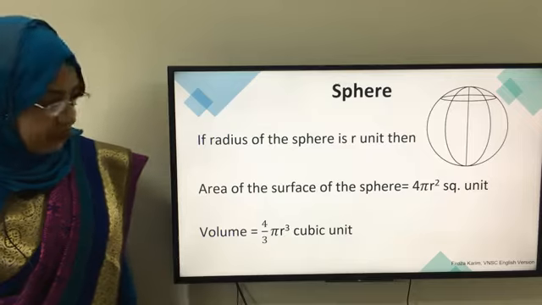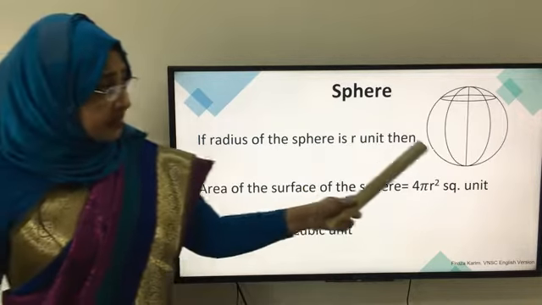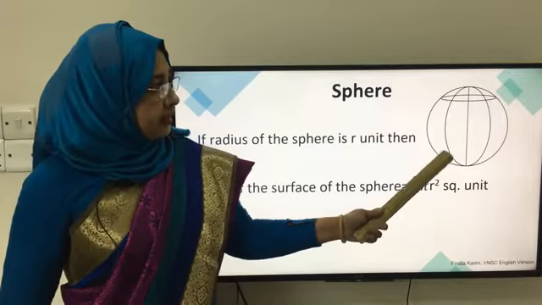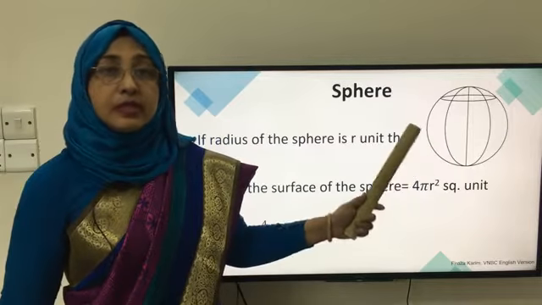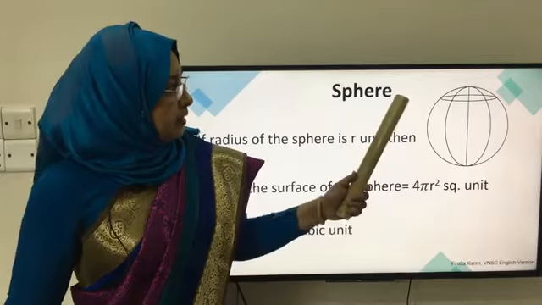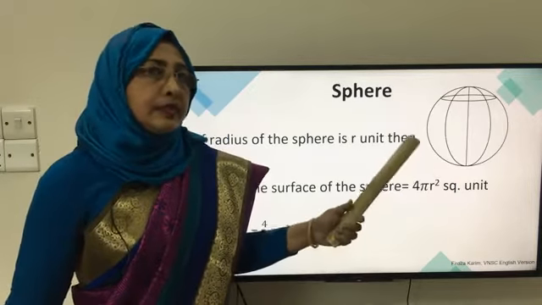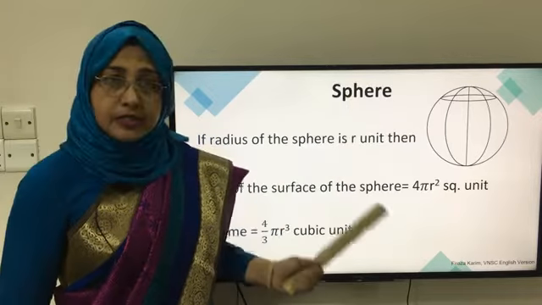Here girls, look at the figure. Is it a circle or something else? I think you are sure that it is not a circle. This is a solid of circular shape. Since a circle is two-dimensional, we can easily represent a circle in a two-dimensional plane.